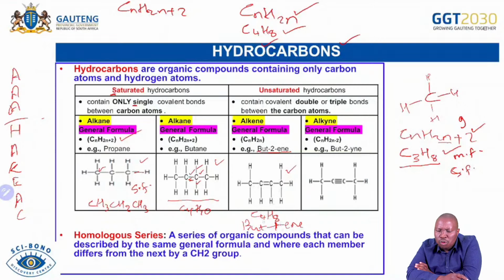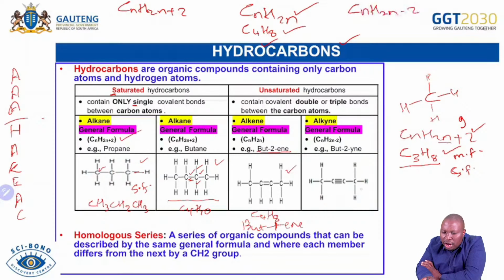Now, if we were to move to alkynes, definitely to introduce another double bond, it will mean we remove another 2 hydrogens. That's why for alkynes now, we're going to have general formula of CnH2n-2. So that shows that now we are moving down, meaning that if we have 4 carbons there, it will be C4H6.